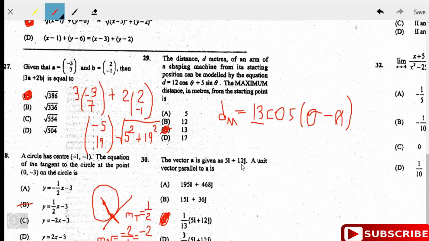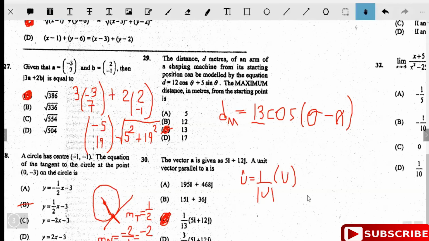Once they say unit vector, it is always in this form: a unit vector u is equal to 1 over the modulus of u times vector u. That's a unit vector. The only one in this form is Kramer. So you don't even need to work it out. So that's question 30. Easy, easy, soft, with a capital T.